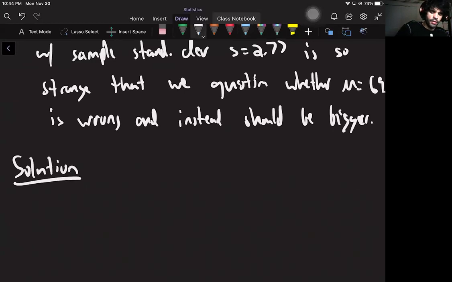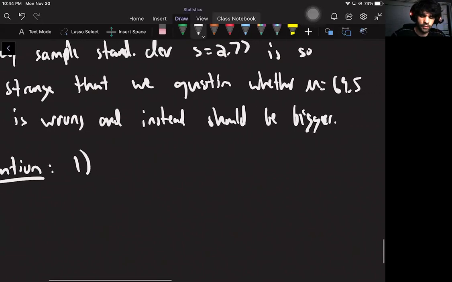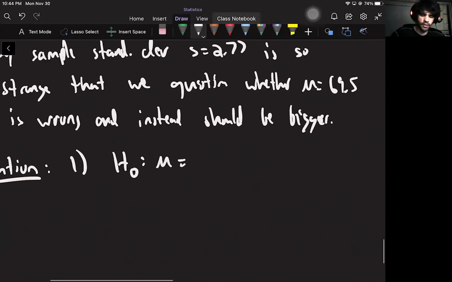and alternative hypothesis. Okay, so these steps are going to be applicable to other examples too, and they're very similar to the steps for proportions. So we're first going to write down our null hypothesis. So now our null hypothesis is about means.